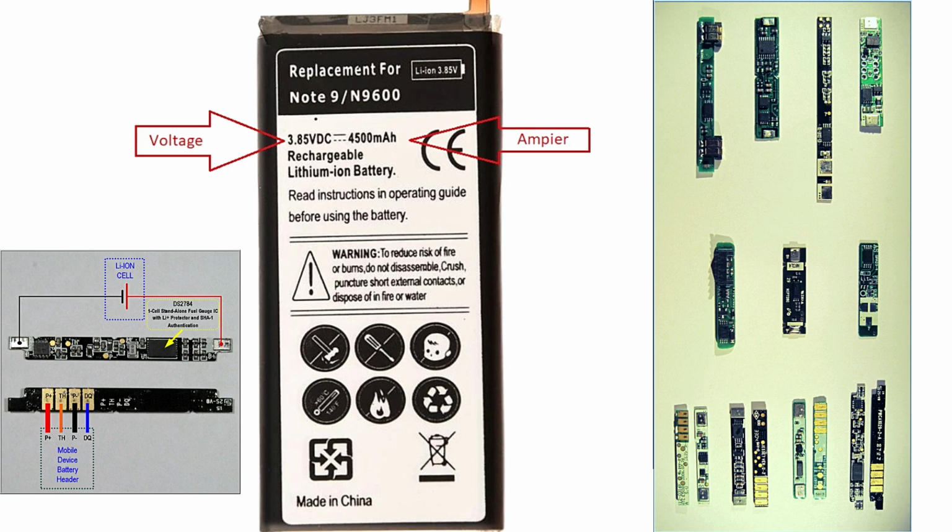If you are using 1000 milliamp hours per hour, and your phone has a battery of 4000 milliamp hours, you will use it for 4 hours. When you use 500 milliamp hours per hour, you will use it for 8 hours.